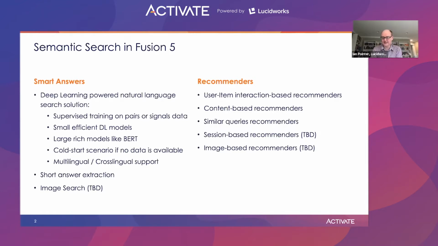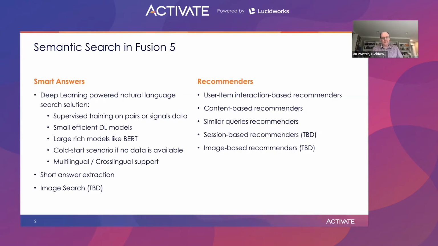This includes our classical ALS system, and we also have a new BPR recommender that's recently just been introduced in Fusion 5.2. We have content-based recommenders, similar query recommenders, and we are currently in active development on some session and image-based recommenders, which will be coming up in future releases.